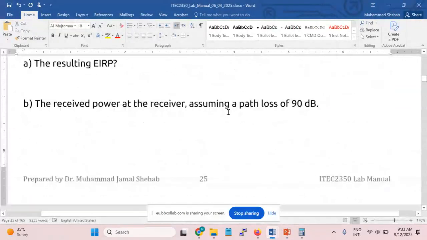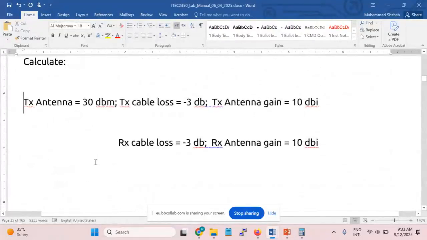I need to calculate the EIRP first. The EIRP is at the transmitter side, right?